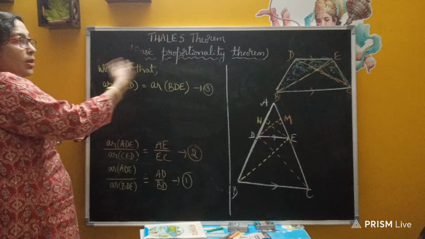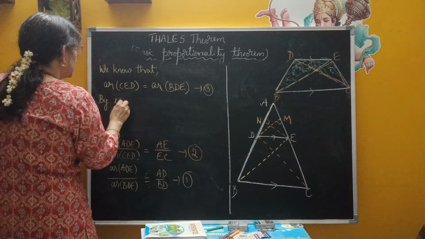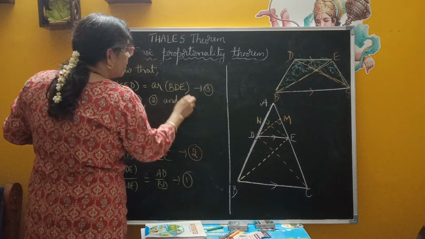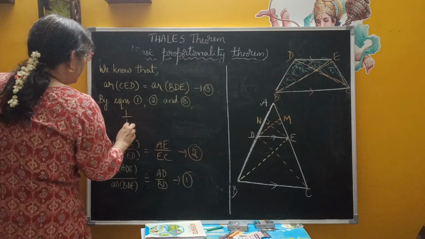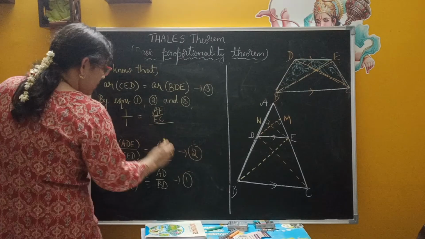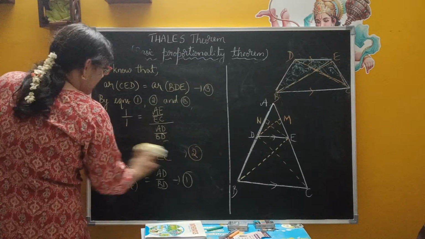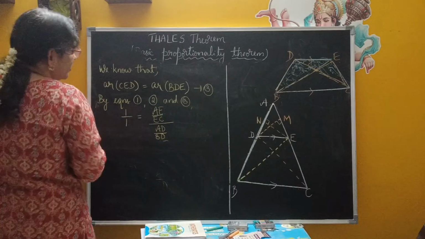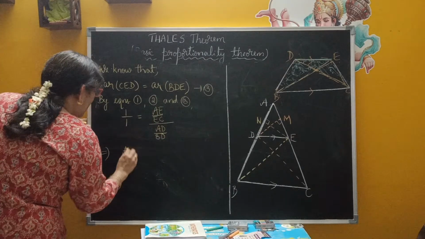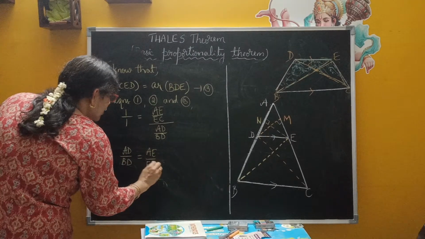By all these reasons that I have explained, what can you say? By equations 1, 2 and 3, we write 1 by 1 is equal to AE by EC whole divided by AD by BD. If you transpose, that is cross multiplication, this implies AD by BD is equal to AE by EC.